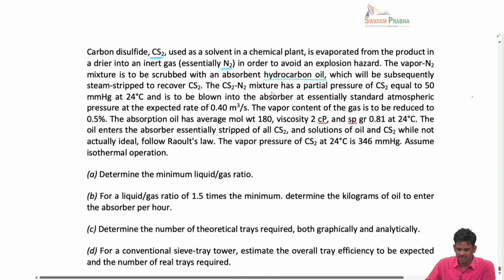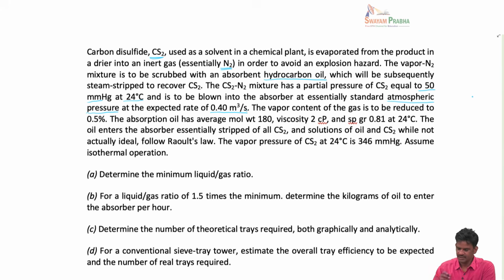The CS2-N2 mixture has a partial pressure of CS2 equal to 50 mmHg at 24 degrees Celsius. Okay, so this tells you about the initial composition, and this is to be blown into the absorber at essentially standard atmospheric pressure at the expected rate of 40 meter cube per second.